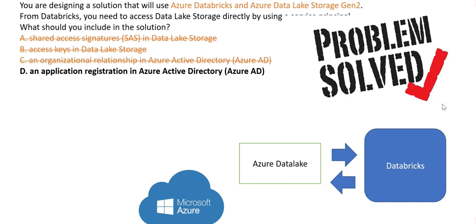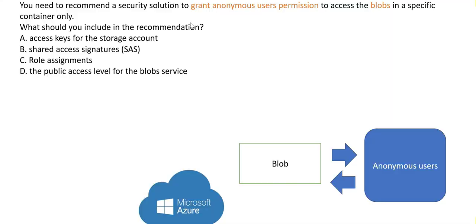Let's look at one more question. So this says you have to grant anonymous users permission to access blobs. These anonymous users should access these blobs in a specific container. What should you do? If, as in the earlier example, you have external vendors, you definitely know, for example, TCS is a vendor of a certain client, and they want to provide TCS access for 1 year.